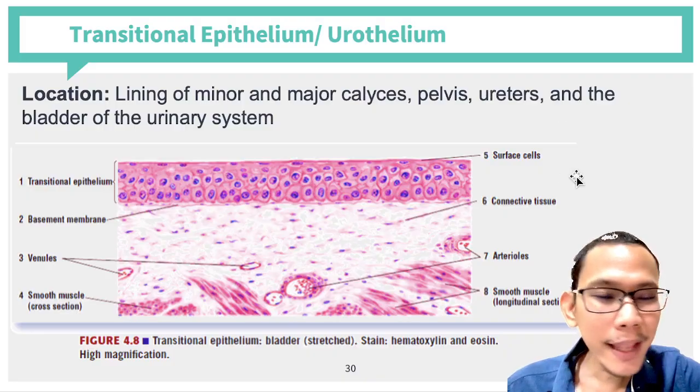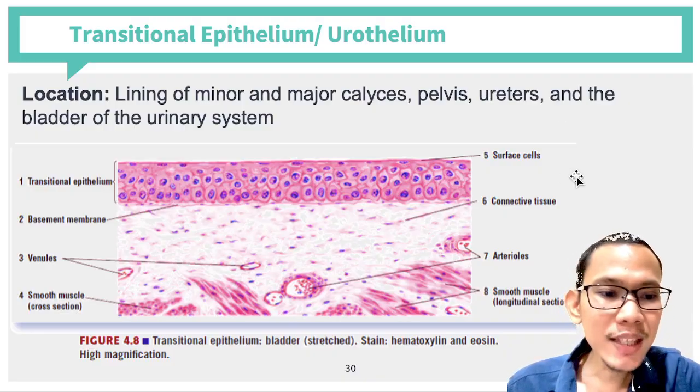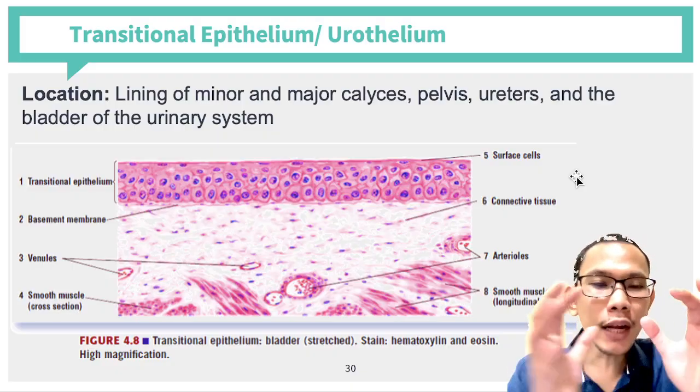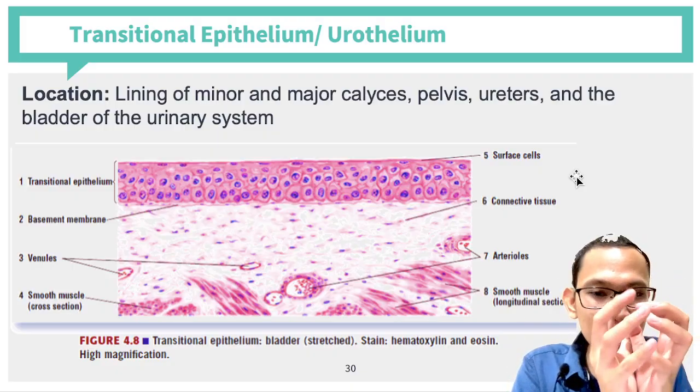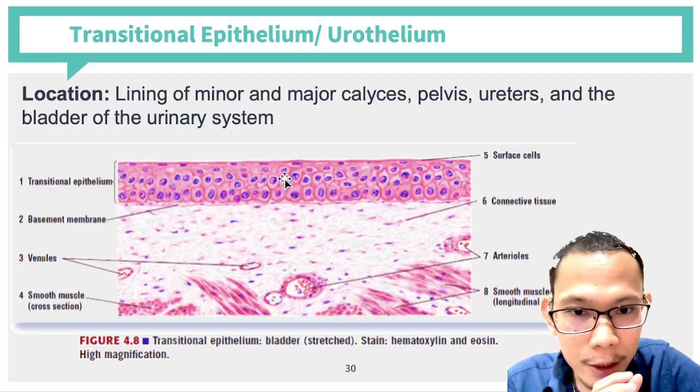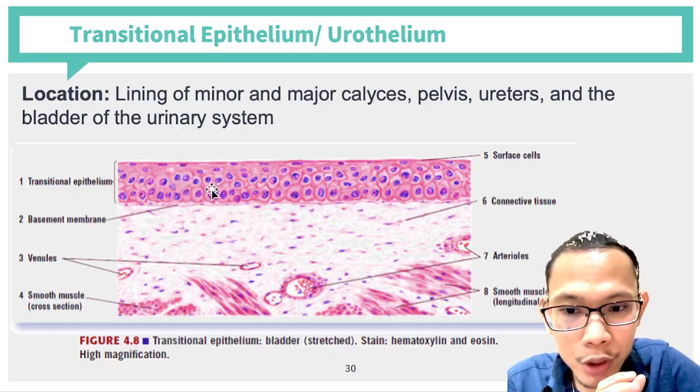Okay? Take note of this one. When your transitional epithelium is contracted, the surface cells appears dome shape. Okay? Once contracted, mean to say bumalik siya. Bumalik siya sa pagiging maliit, nagiging dome shape siya. As what you can see here, these cells here becomes dome shape.